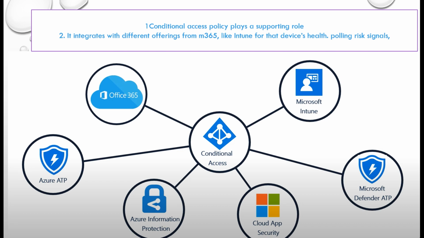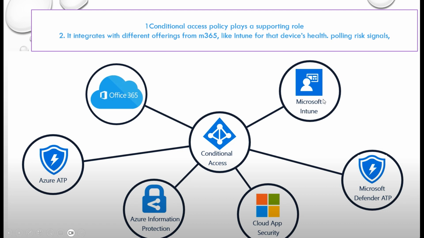If you are accessing from an old OS like Windows 7, Windows 8.1, or Windows Vista, there is a compliance policy you can enforce. All these are integrated with conditional access.